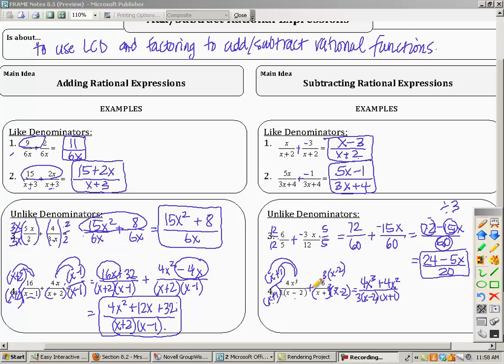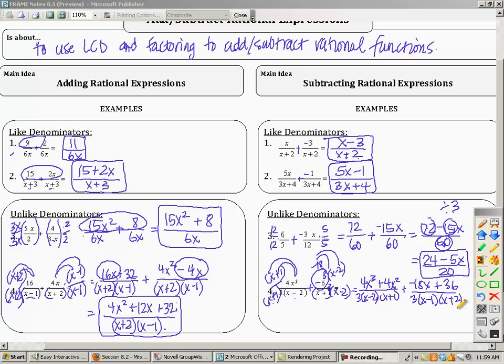Now I'm going to change this to plus a minus. Now negative 6 times 3 is negative 18. And I'm going to take my negative 18 and multiply it through. So negative 18x, and negative 18 times negative 2 is a positive 36, over a 3 times an x minus 1 and an x plus 2.